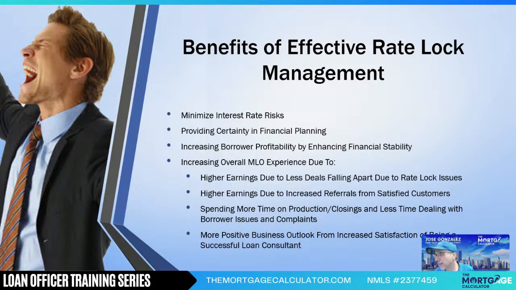That's called a float down, right? But that's not possible in every scenario, right? So do be aware when you do have a file submitted, if rates go down and the file's already locked, let us know, and we can reach out to the investor and find out what's the float down policy. But it's usually going to be something like that.